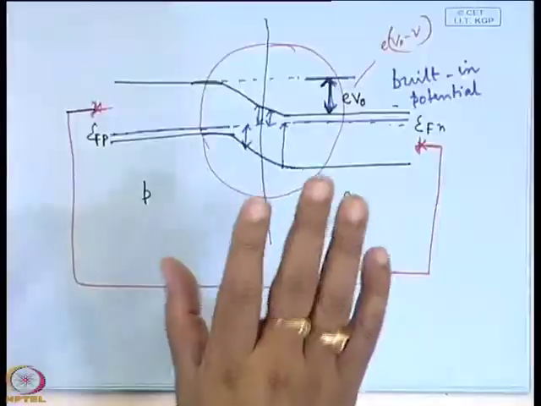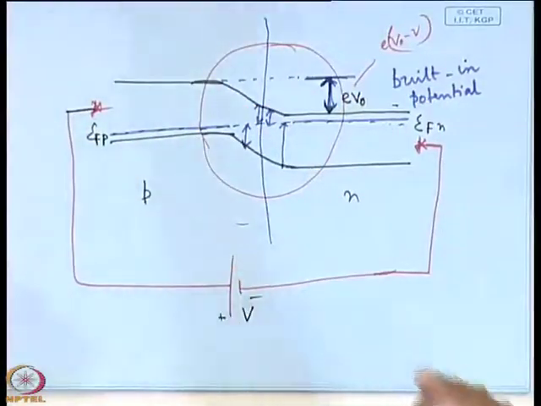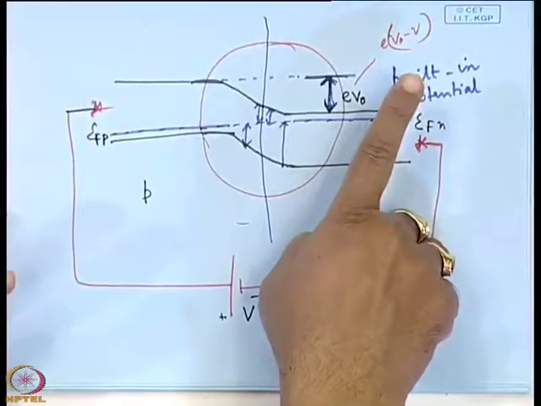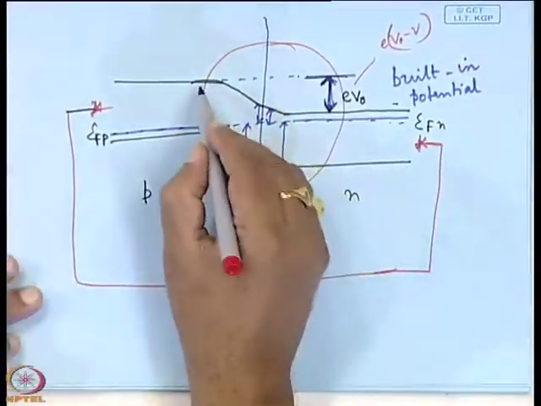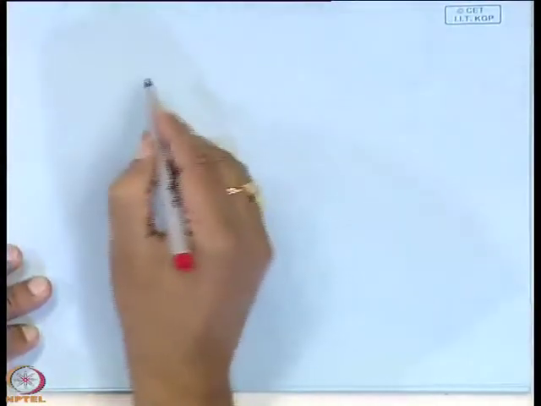When there is a resistance. Forget about depletion, the term we use for the p-n junction, but normally the voltage drops where there is a resistance. Here the depletion region, since it is depleted of free carriers, the resistance must be higher than the bulk regions. So, the whole voltage will be dropped on the depletion region. So, it will be EV0 minus V. Now the band diagram will be like this.